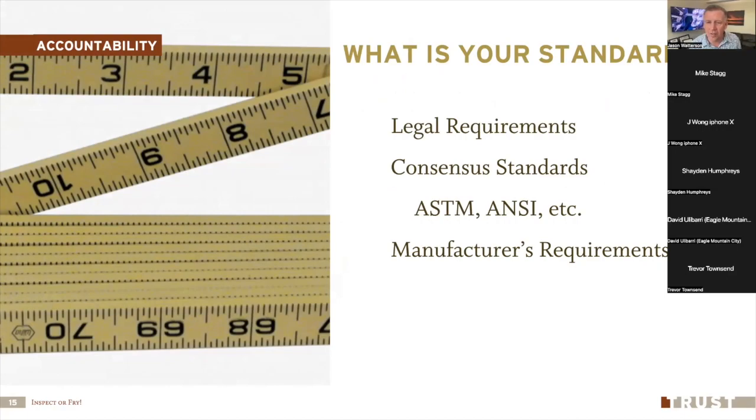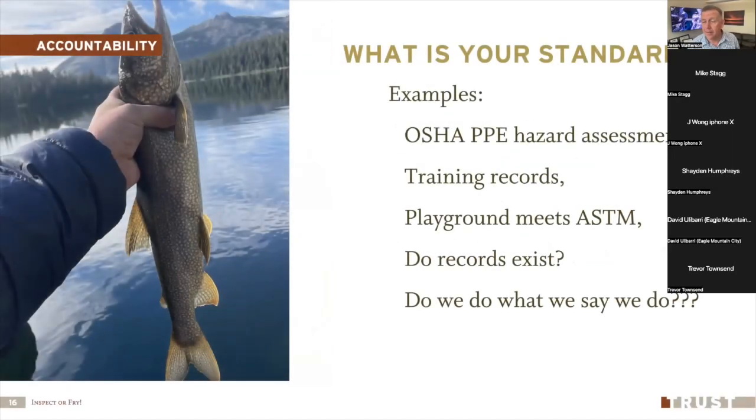You can put other things as well. So there are consensus standards out there, ASTM, those types of organizations, manufacturers' requirements. I can check that kind of stuff. And it makes it easy for us to do an inspection, even if we're not used to it.